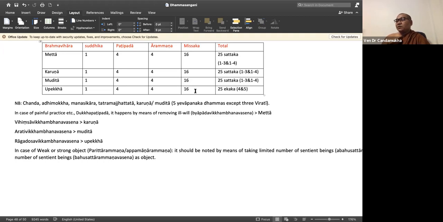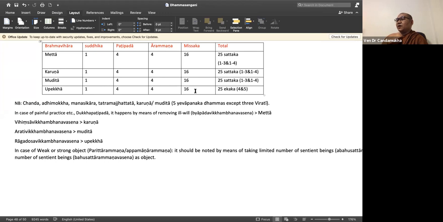Purimesu disu means the previous three. Tika-jhana, catuka-jhana wasena, Pañcavīsati Sattaka, as explained previously. There are only first jhana, second jhana, third jhana in the fourfold method, and first jhana to fourth jhana in the fivefold method. So they are Pañcavīsati Sattaka. Upekkhāya catutthajjhānavasena pañcavīsati ekaka.